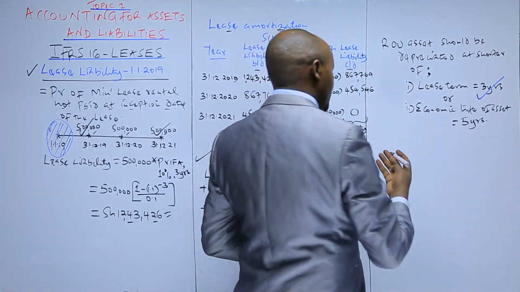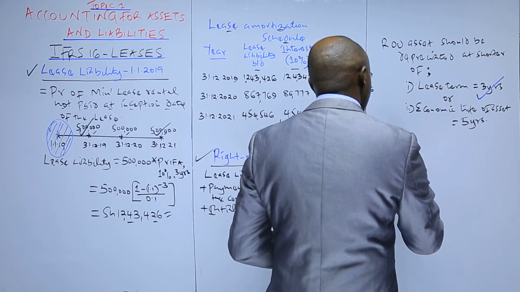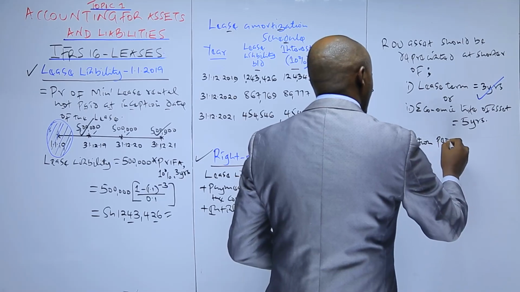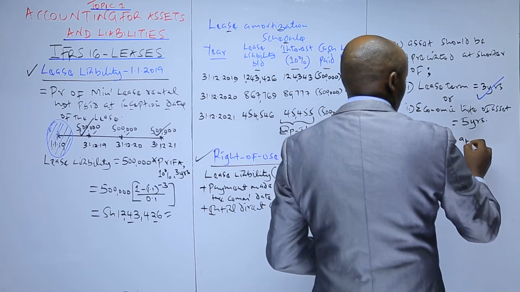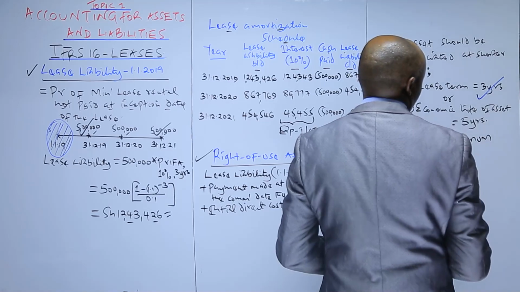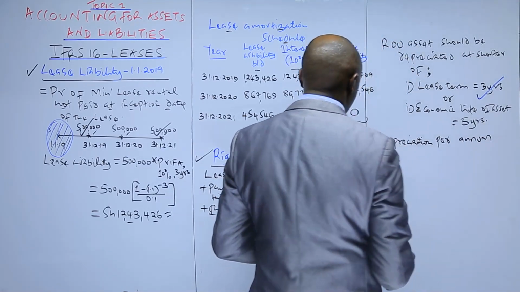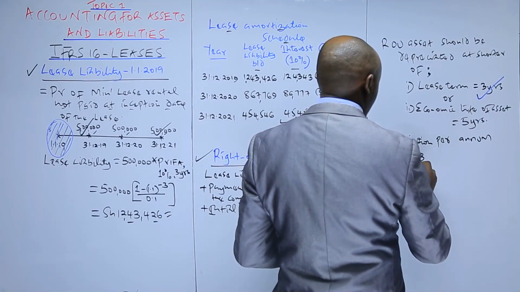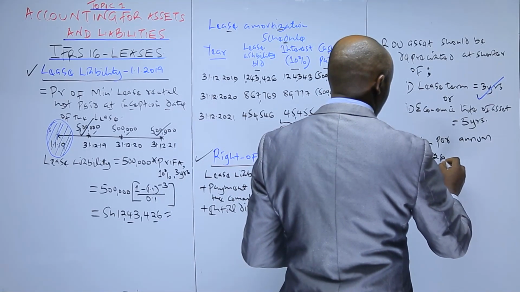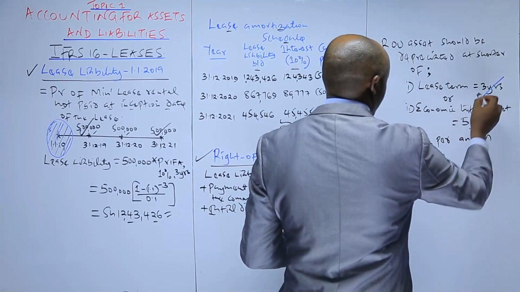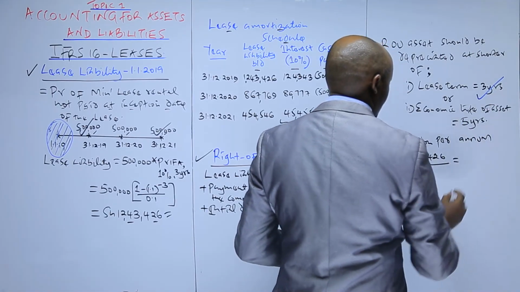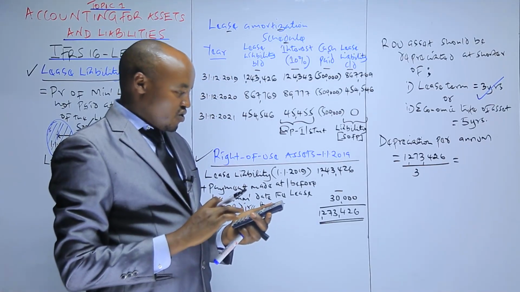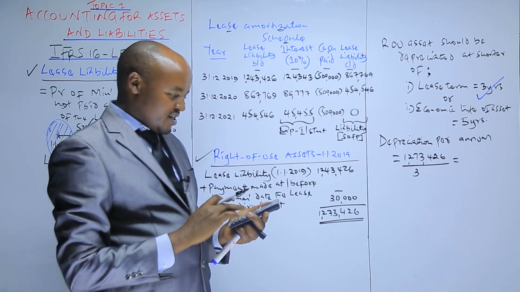So to determine the depreciation per annum of this right of use asset, we take the amount for initial recognition, which is 1,273,426, and divide that by 3 years. That gives us the amount to be recognized as depreciation in each of those 3 years.